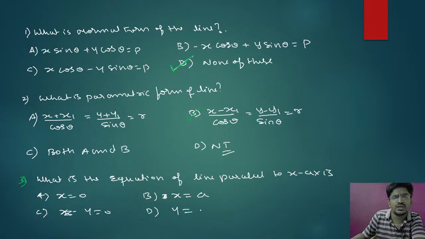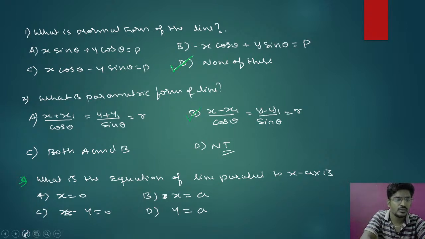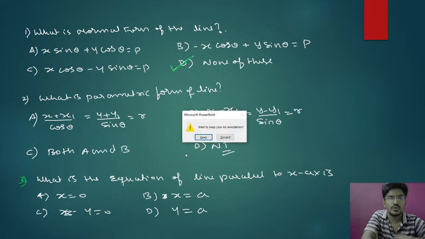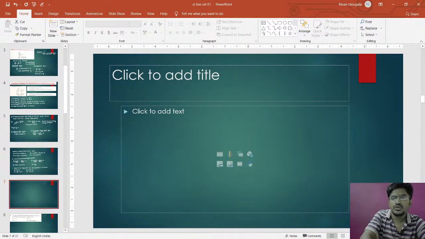Option D, y equal to A. What is the equation of a line parallel to the x-axis? Quickly tell me the answer. Clear? First you understand the question very neatly, then you go for solving it.